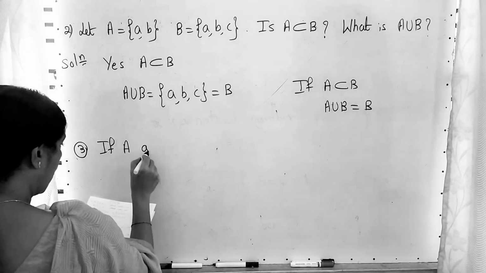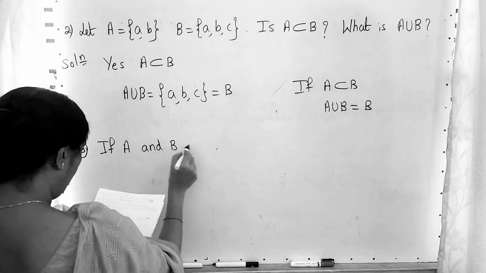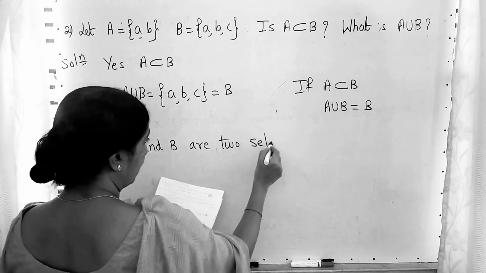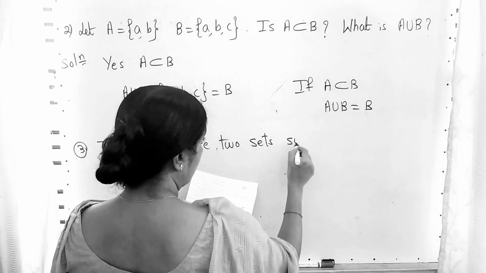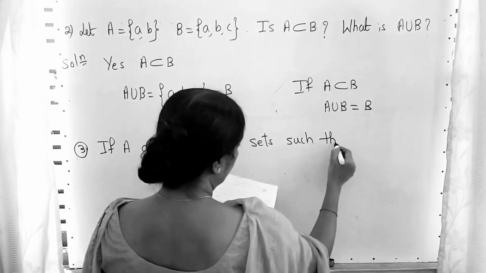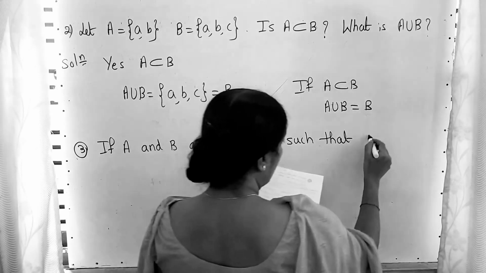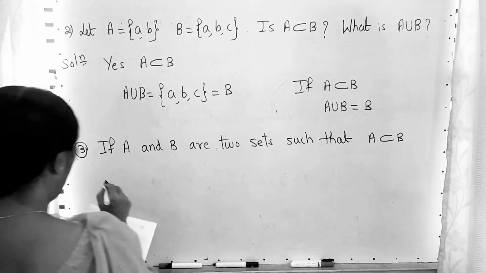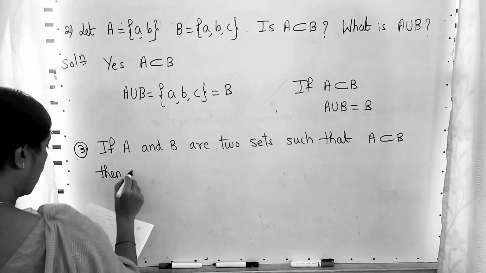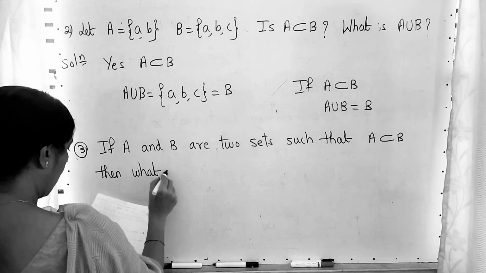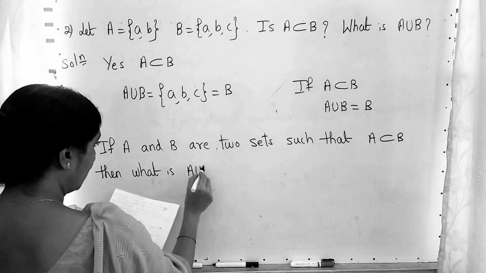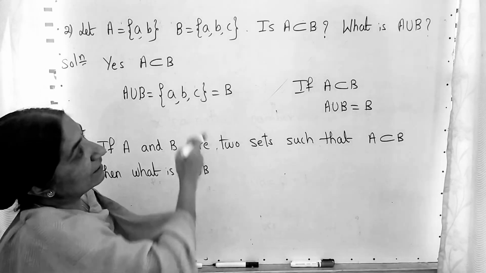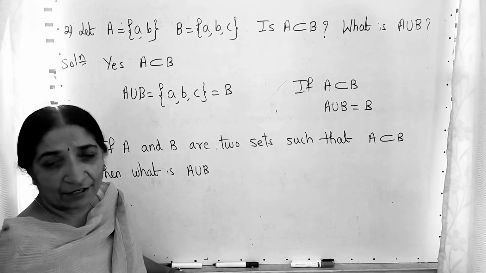If A and B are two sets such that A is a subset of B, then what is A union B? Is it very interesting? It is nothing but whatever we solved in the second example.